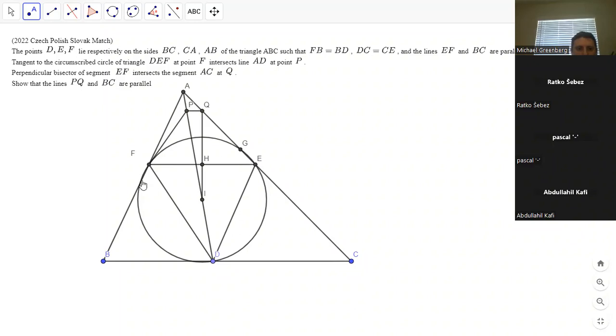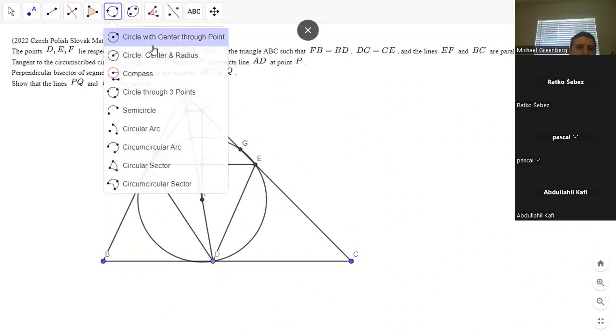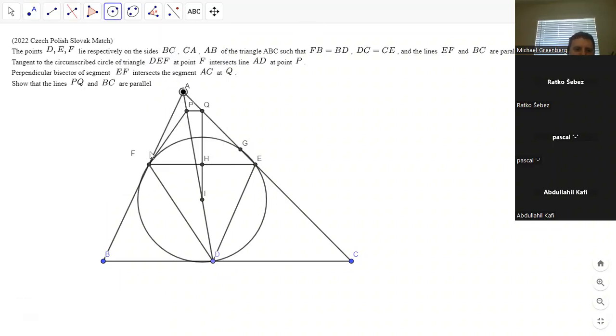Yeah, this is so weird. So I think AF equals AG, is that right? Yes, by symmetry.